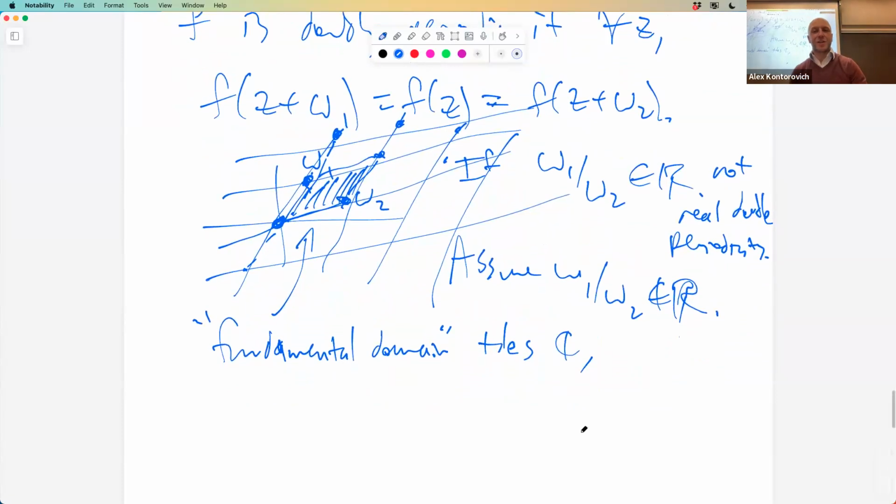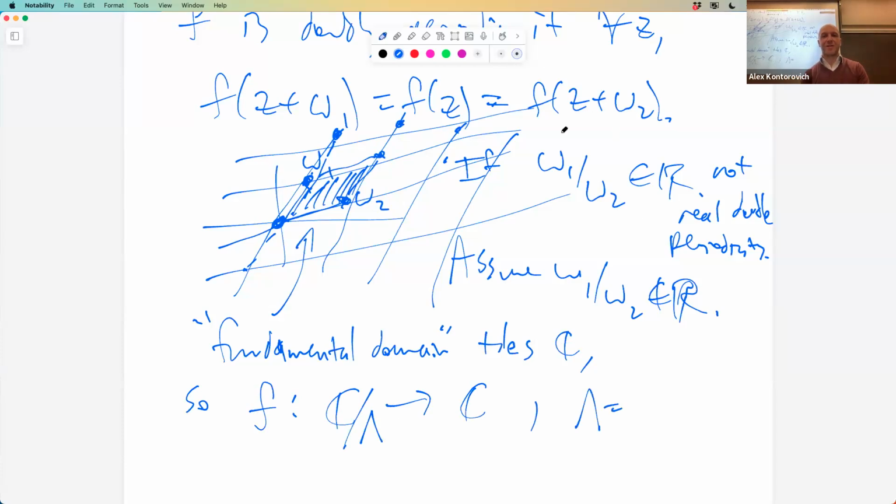Okay, so this fundamental domain tiles, and the fact that it's invariant under omega 1 and omega 2 means f is not a function just from the complexes to the complexes. It's actually a function on the quotient of the complex plane by the lattice generated by omega 1 and omega 2.